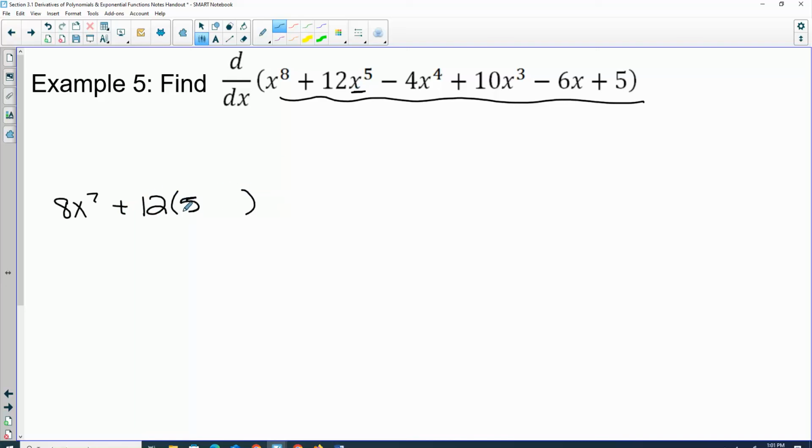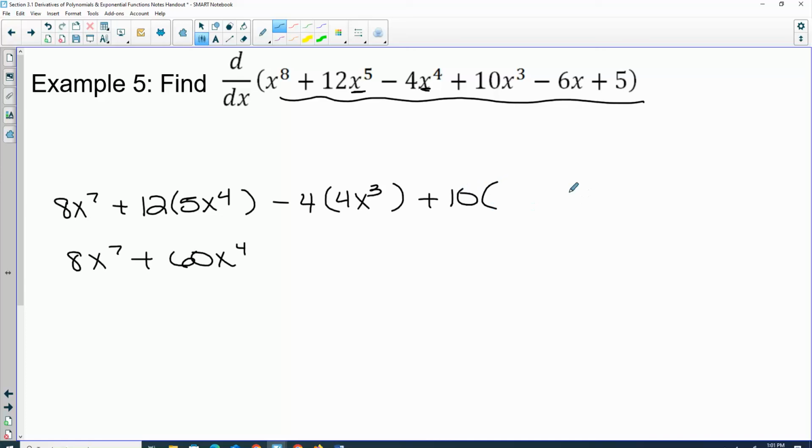5x to the 4. Now, you guys might be comfortable enough that you can go ahead and change those and make it a 60. I'm fine with that. I will start doing that, but probably not the first day. First day I'm trying to show you my steps. Minus, we have a 4 times, what's the derivative of x to the 4th? 4x to the 3.